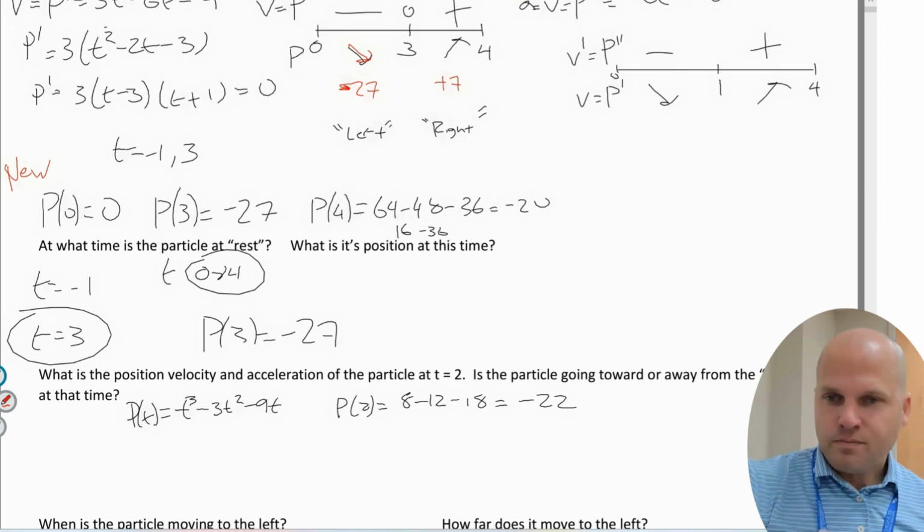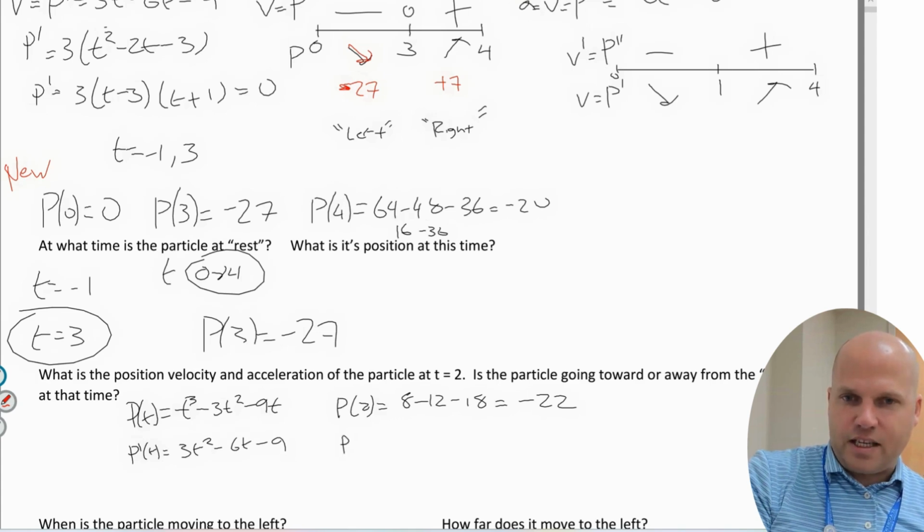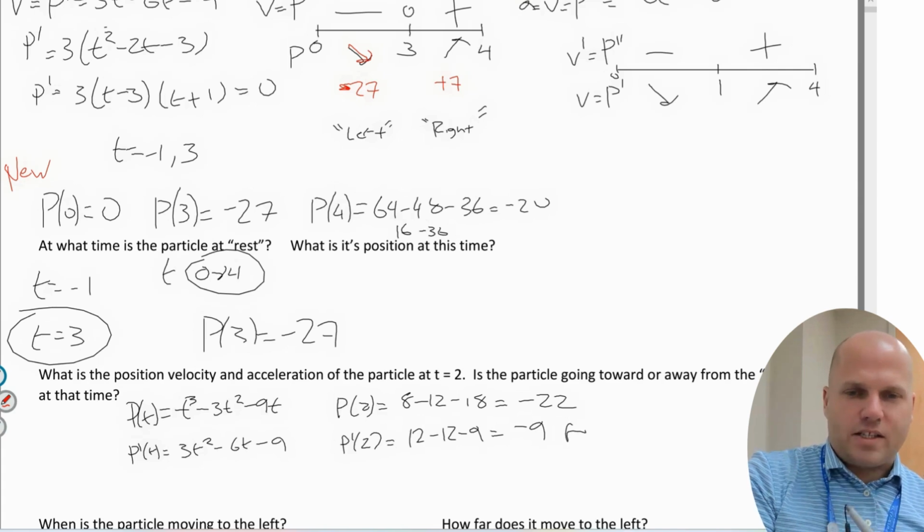All right, cool. My velocity is how my position's changing. My velocity at time 2 is 12 minus 12 minus 9. It's negative 9. Now, what does that mean?